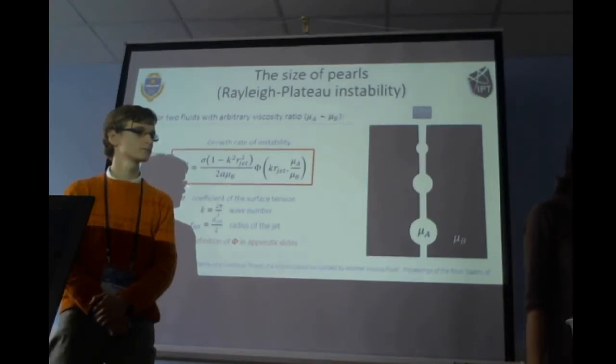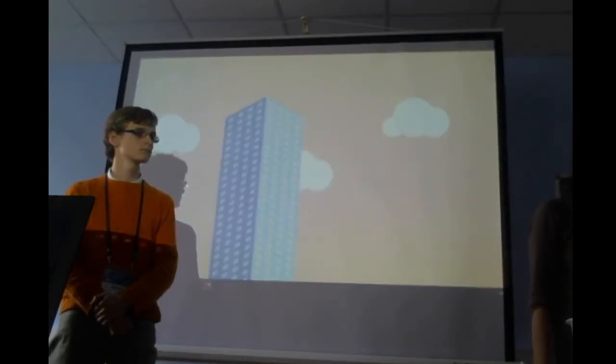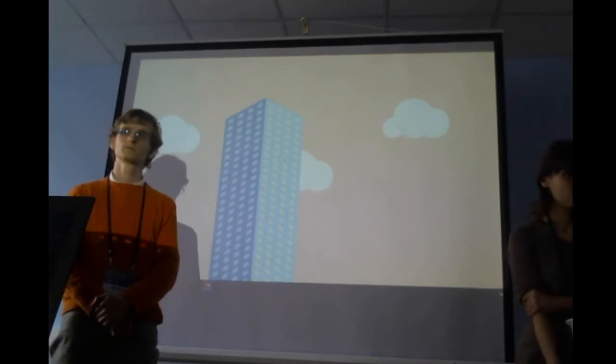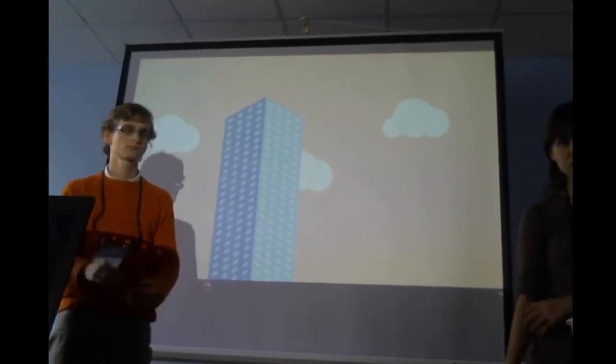We can track the motion by hand, and we can see that there are initial instabilities caused by these. The increase of these instabilities by the Rayleigh-Plateau mechanism is the cause of the pearls in this case. Okay. Thank you very much for the presentation.